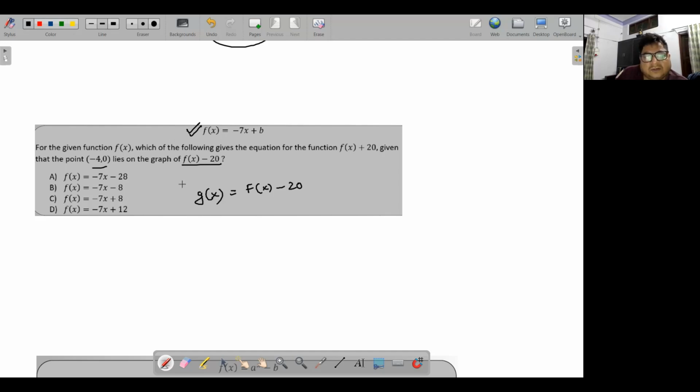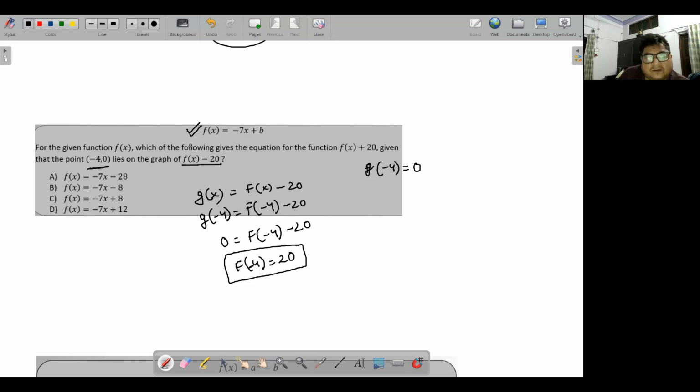Now use this point, because this point lies on it, which means in function form, g of minus 4 is equal to 0. Now, instead of x, you put minus 4. So g of minus 4 is equal to f of minus 4 minus 20. Now g of minus 4 is 0. So 0 is equal to f of minus 4 minus 20. This means f of minus 4 is 20.